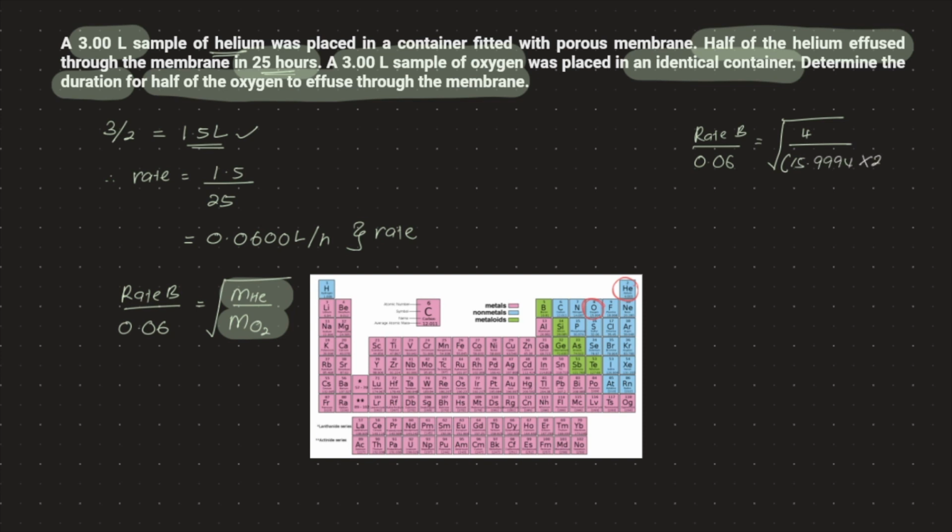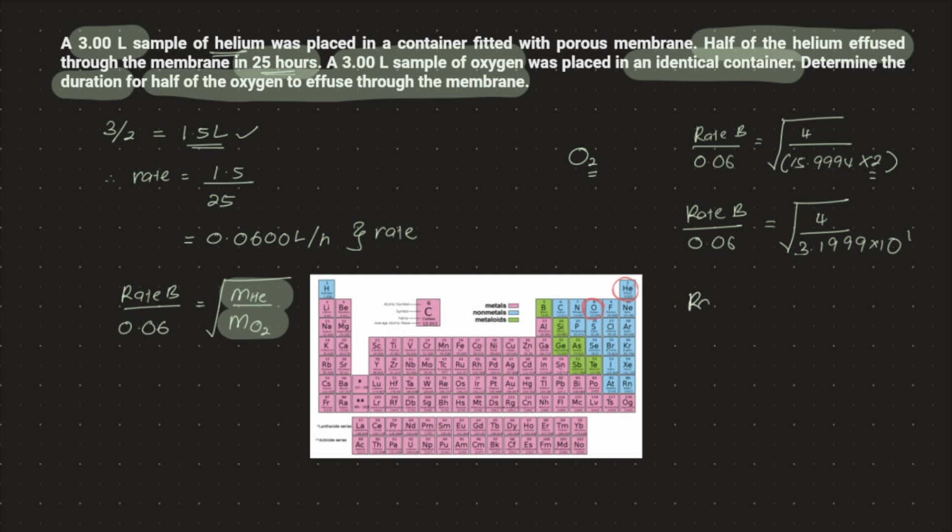You need 2 times that because it's oxygen gas, with 2 atoms here. Therefore, rate B over 0.06 is equivalent to the square root of 4 divided by 3.1999 times 10 to the power of 1.